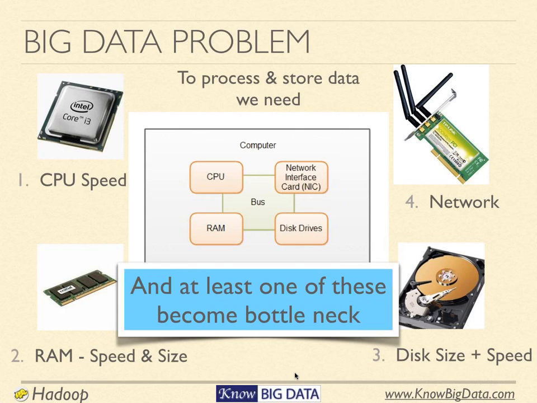Then we start writing to the network, then the network becomes the bottleneck, and at a point of time we give up and say that our problem cannot be solved by using this computer. We need to figure out other ways. All right, make sense to all of you?